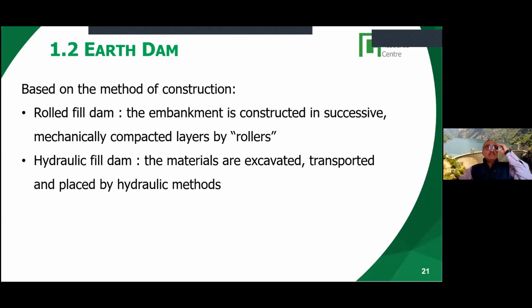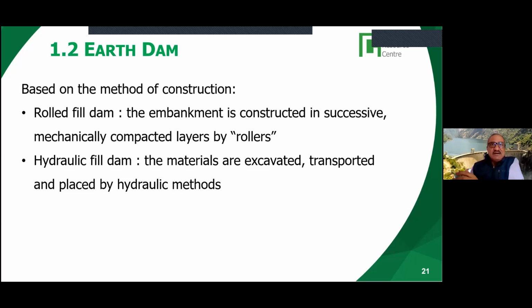Basically, in general, there can be gravity dams with concrete, masonry, and other materials. Also, the common types of dams in terms of cost and other features is the earth dam.